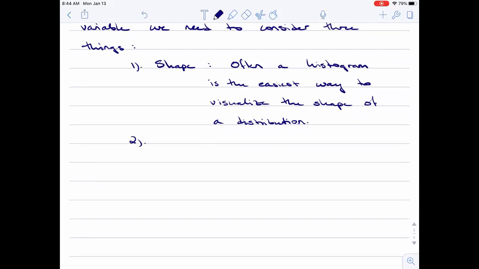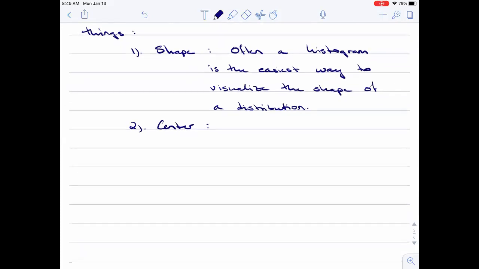The second thing we need to talk about is going to be the center. So where is this thing centered? So the center, depending on the shape, that's going to determine what our best measure of center is. And so first we look at the shape, and we'll obviously talk more about it. Then we look at the center, and then based off of the center, it'll have a matching spread that we talk about. Okay?